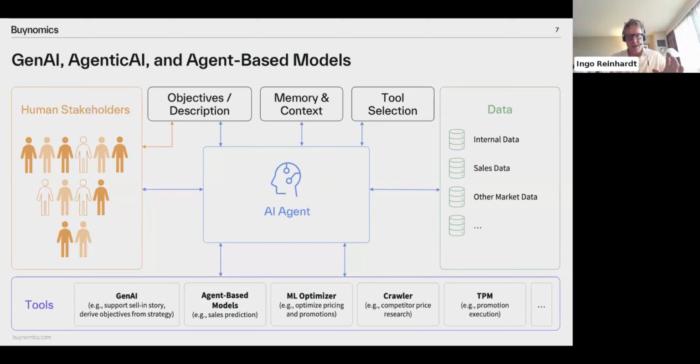So the AI agent orchestrates all of that behavior, all of that functionality by using AI, for example, crawlers to collect competitor price research, to use the agent-based model to predict what happens, to use an optimizer to then find the best offer changes, and can even steer a TPM to then execute a promotion plan change, for example, right? So this is, I would say, roughly our understanding.